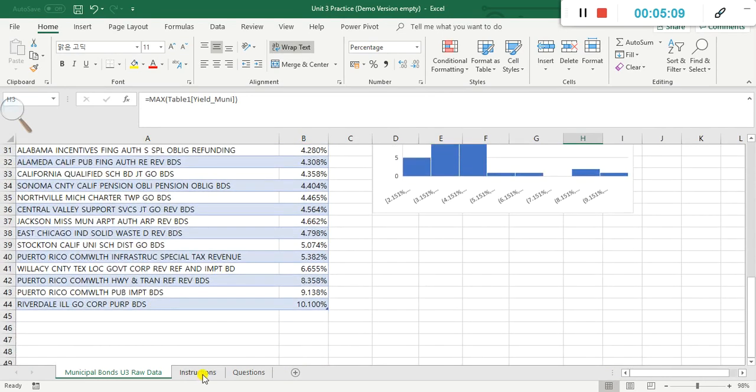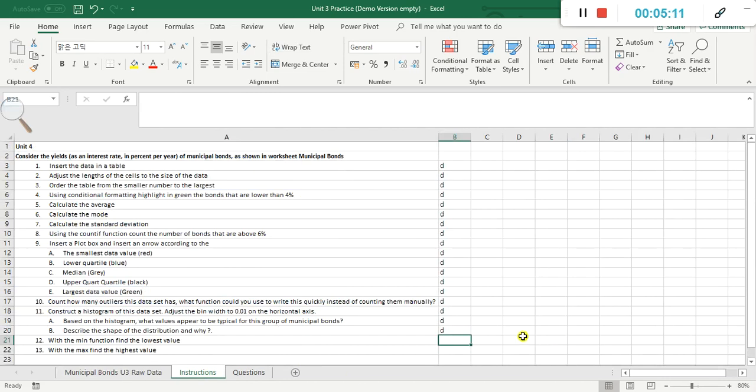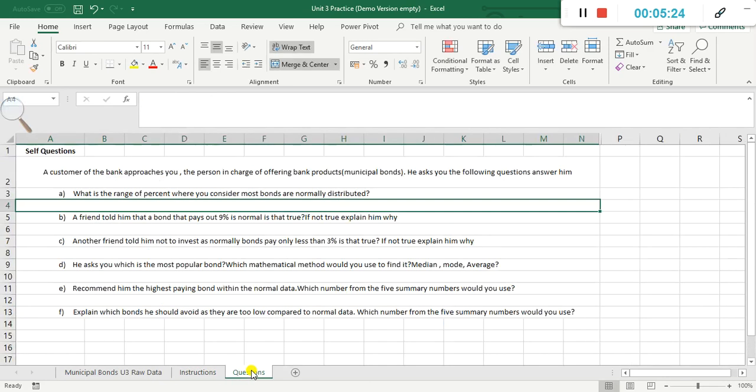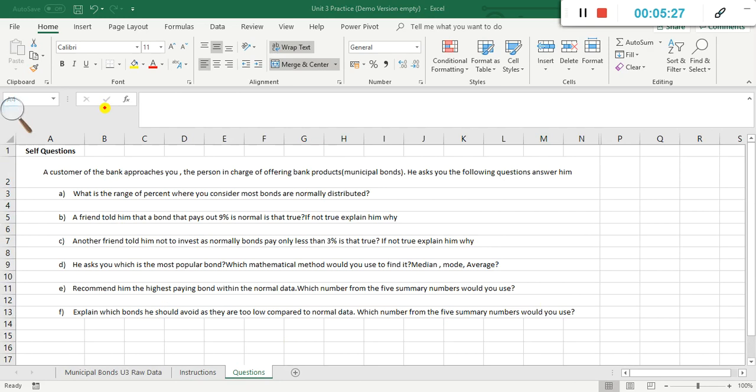Okay, anyway, in this case we have already done that one in the instructions. And now we're going to proceed to the questions. The questions, you're going to answer them by yourself, but I need to explain them to you. So in this case, we have a customer of the bank.